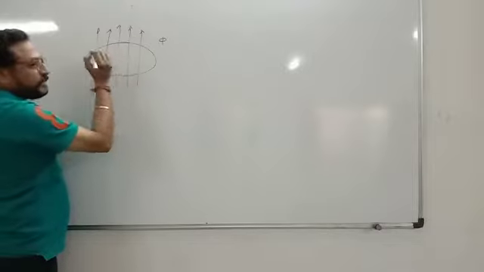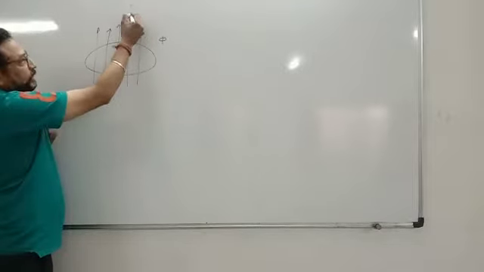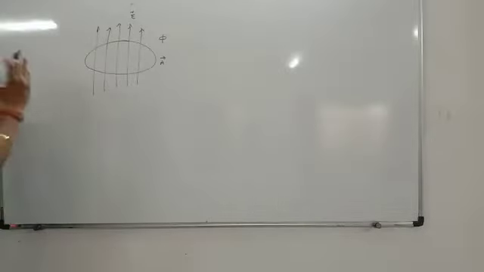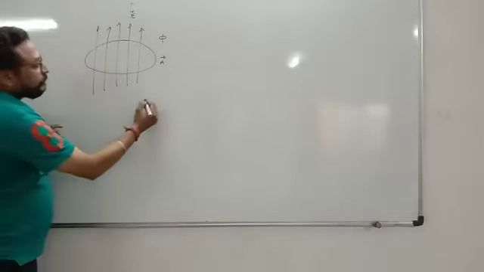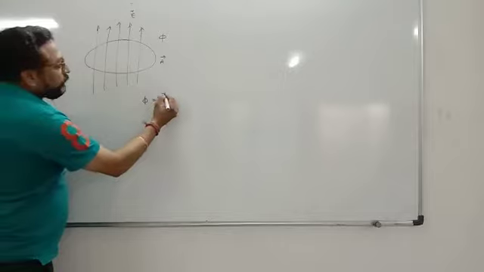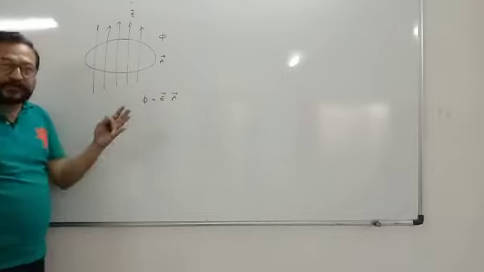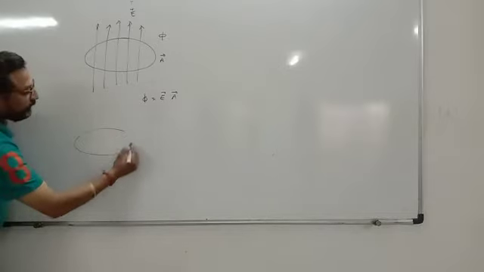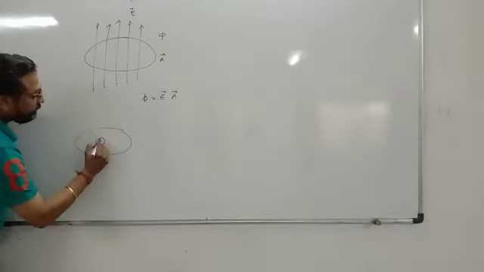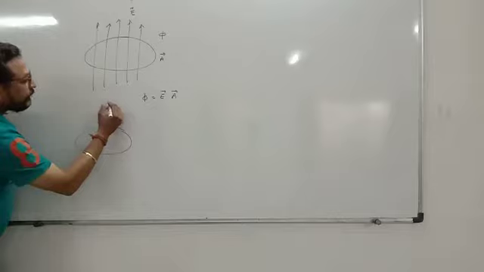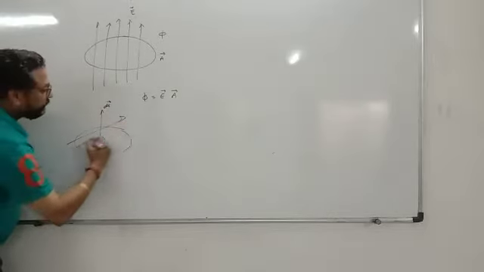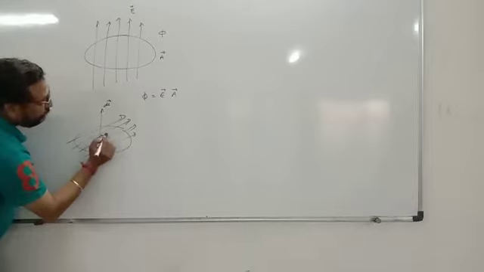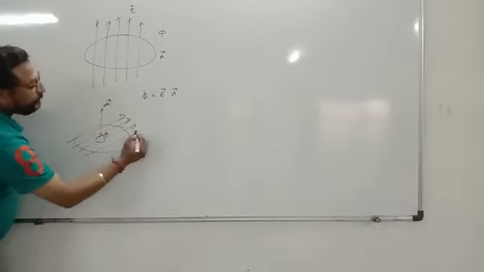Phi. But it is created by the field E and the area vector A. In this condition, we know that the flux becomes E dot A. That's the basic concept of this one. Again, the surface component is in this way and the field component is in this way, and they make an angle theta or phi.